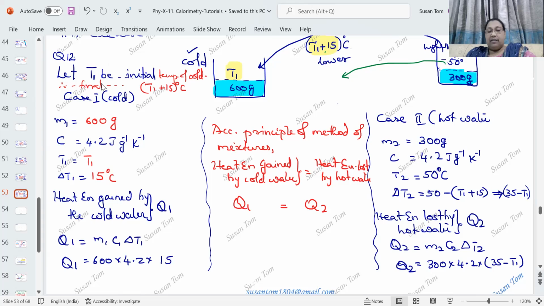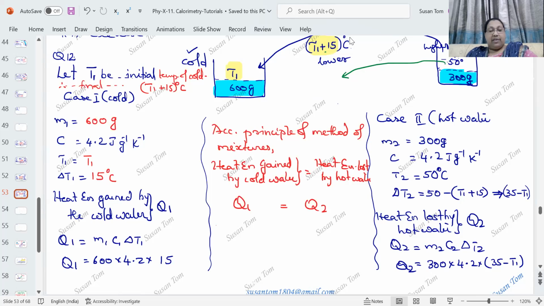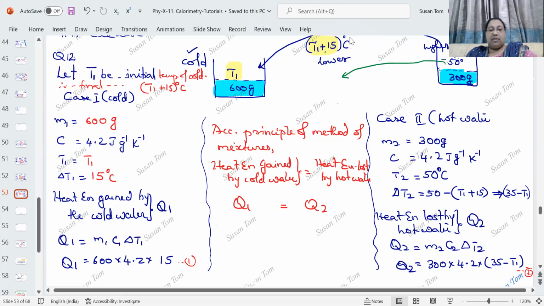Can you now try? Done. This is your equation number 1. This is your equation number 2. 600 into 4.2 into 15 is equal to 300 into 4.2 into 35 minus T1.